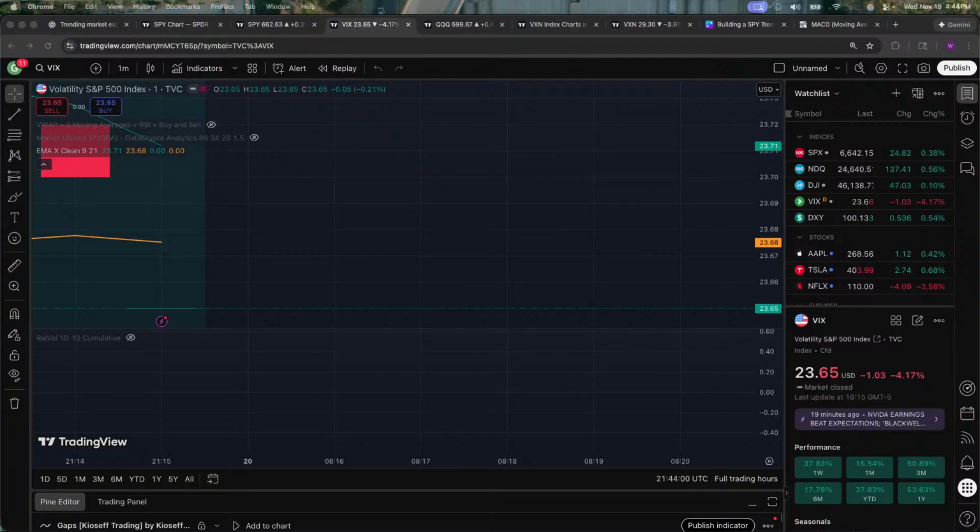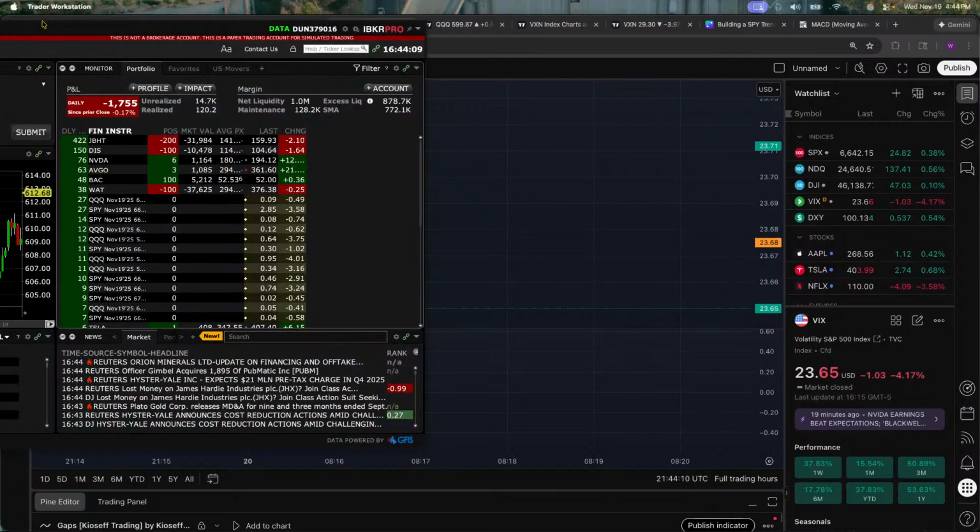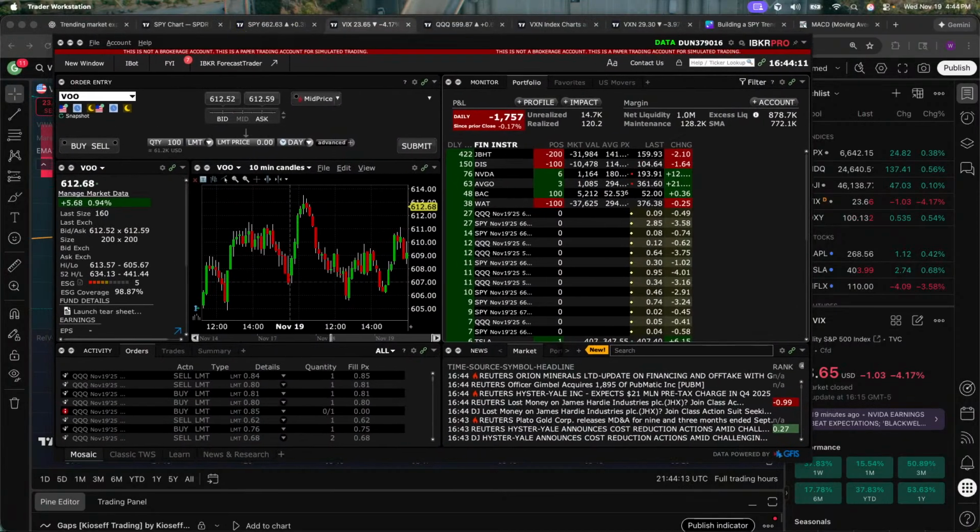Look at it. I need to figure out how to properly use JIT. Here's IBKR, so that's running. I'm going to bring that over here. But I have to keep my options open, man.